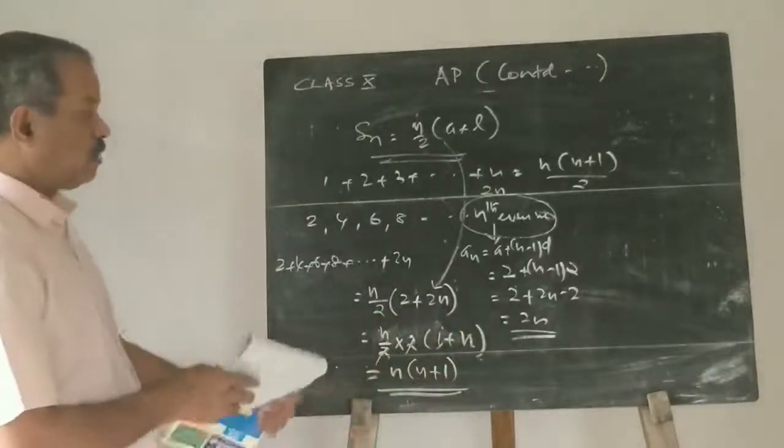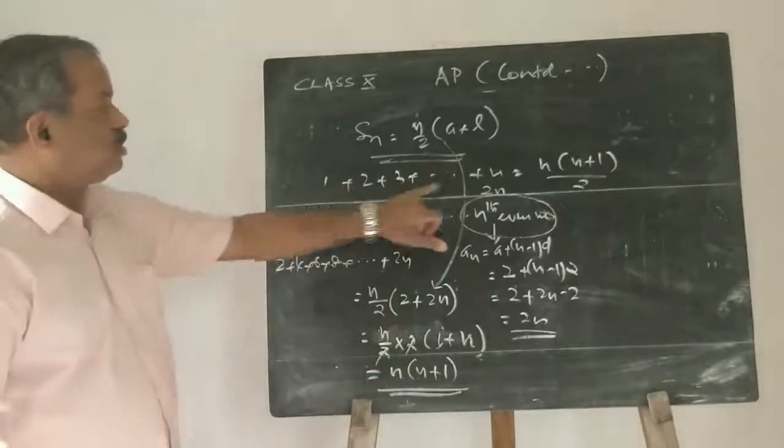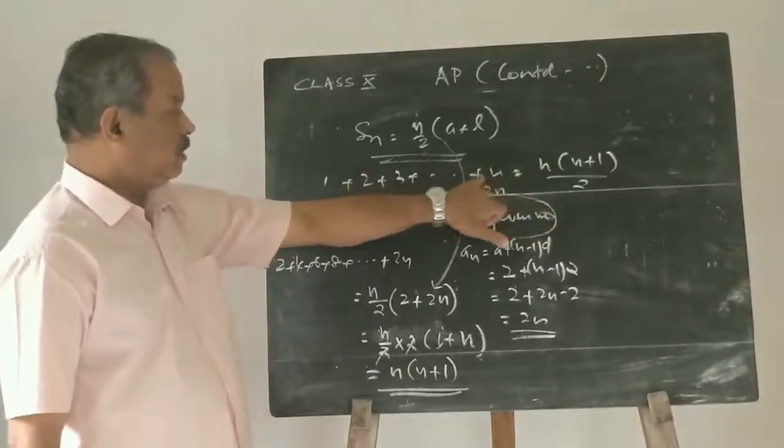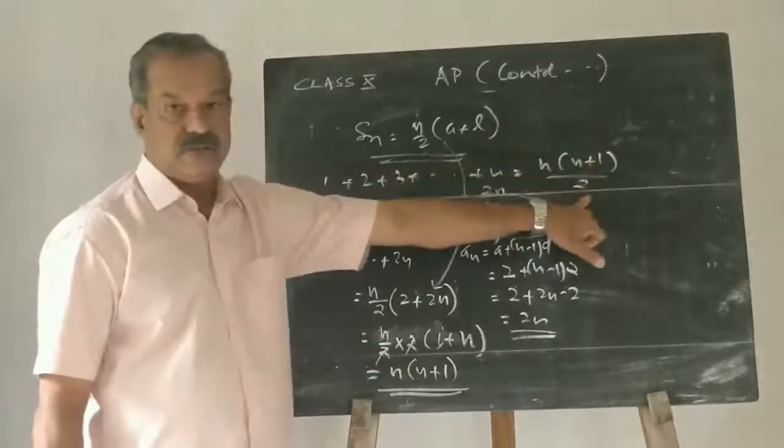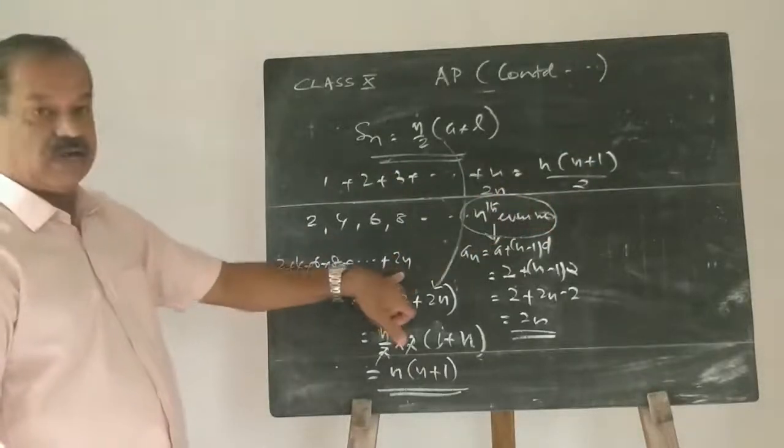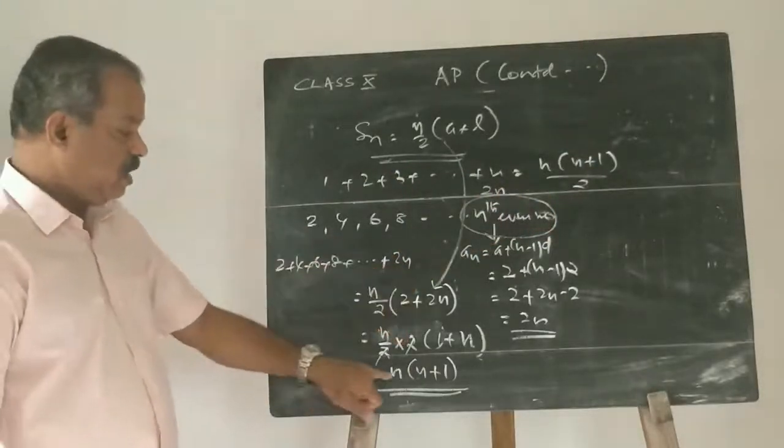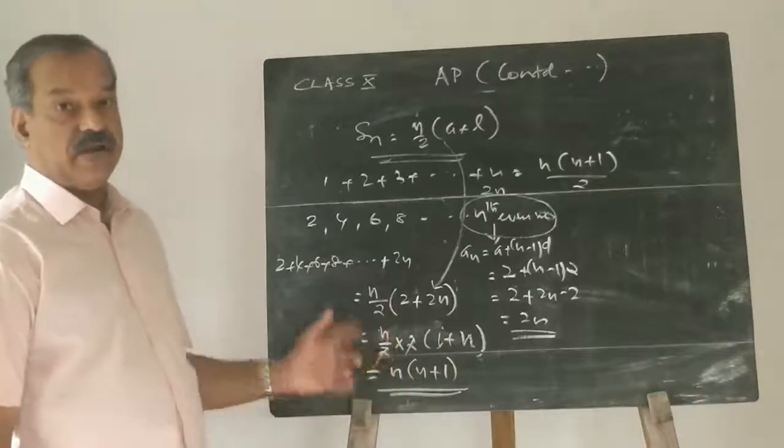So the sum of the first n natural numbers is n into (n plus 1) by 2, and the sum of the first n even natural numbers is n into (n plus 1).